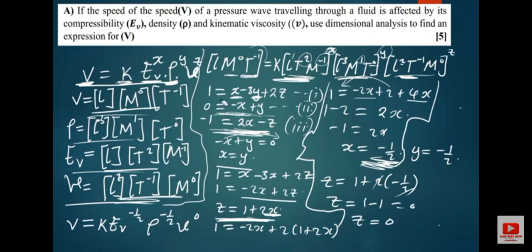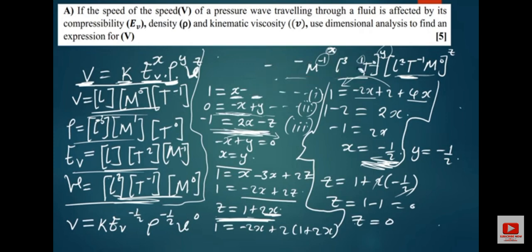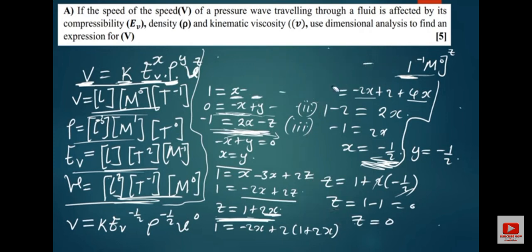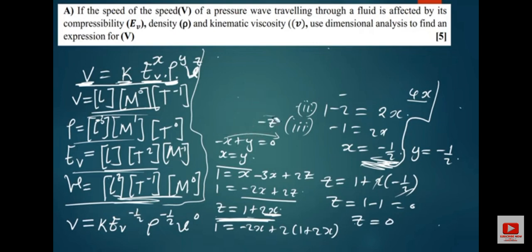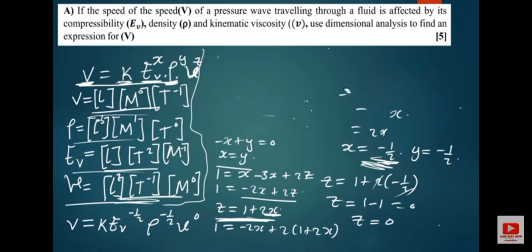So now the final answer, which is the formula they were asking us to find, will be V is equal to k, and then anything raised to the power half is just the same as the square root of that thing.